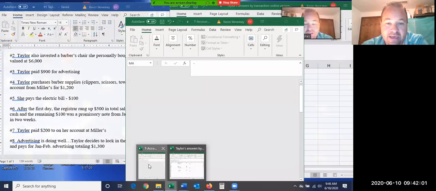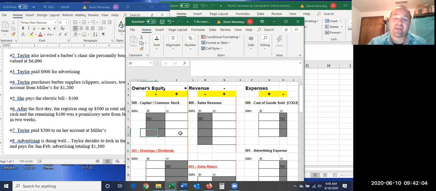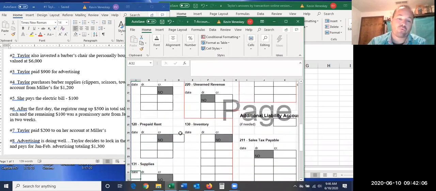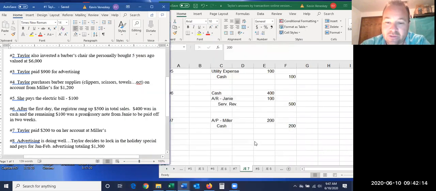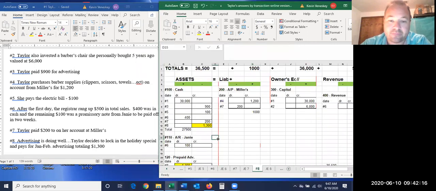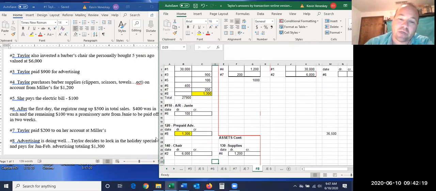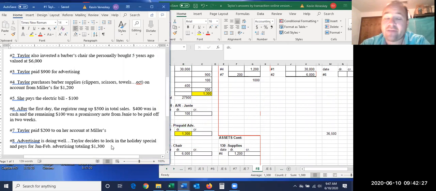If you look at your T accounts over in the assets, I have one prepaid account, and you can just rename this and call it account 120 prepaid advertising. And that's what I did in mine. I called it prepaid advertising. Prepaid advertising went up $1,300. That's what I got. I have the rights to that advertising next year.